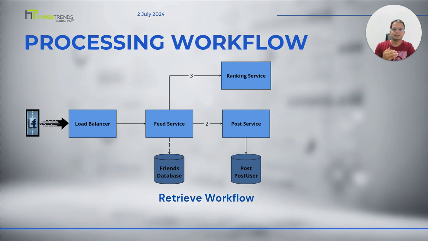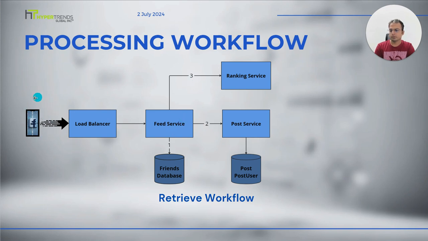If you and I design a normal system which doesn't have millions of users, but just thousands of users, and not this many posts, just normal posting and normal retrieval, its workload is really low compared to Facebook. In that case, this is the perfect system, right?